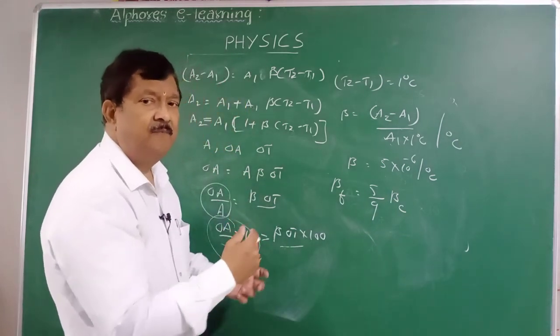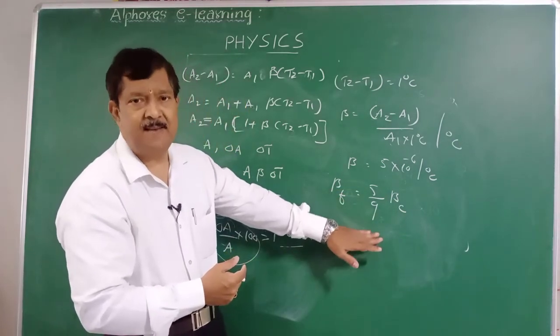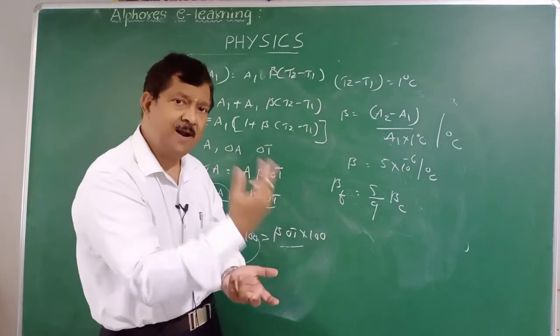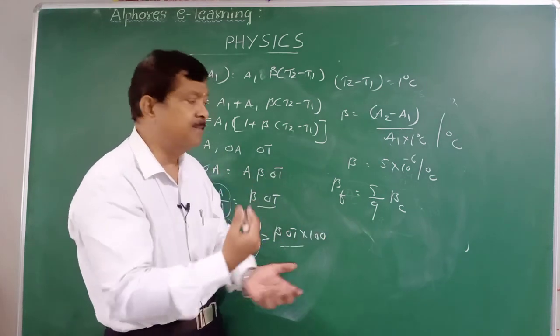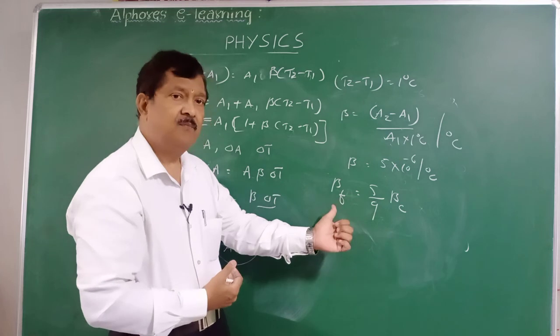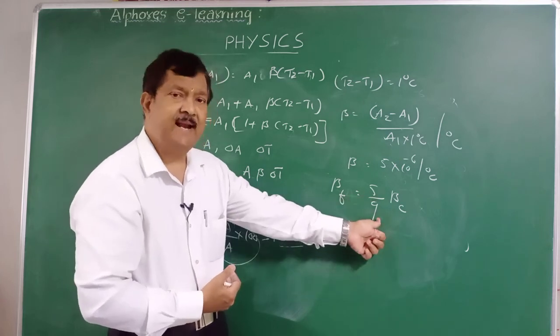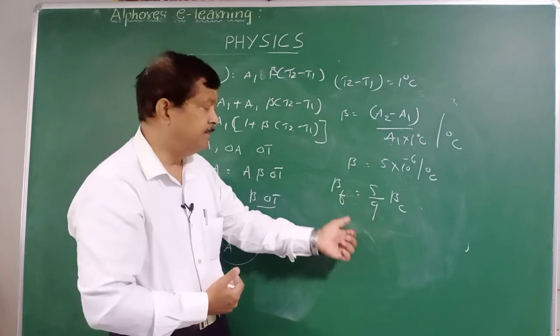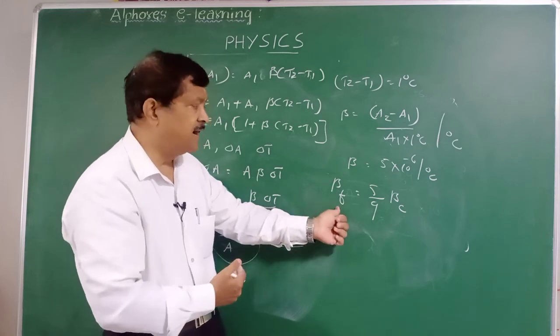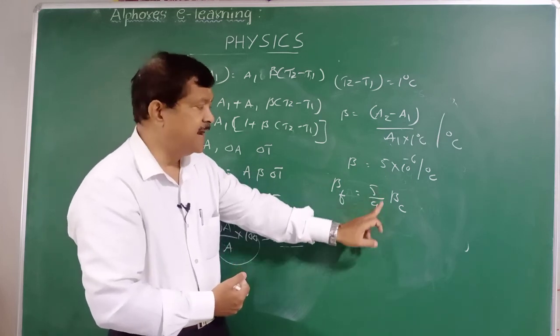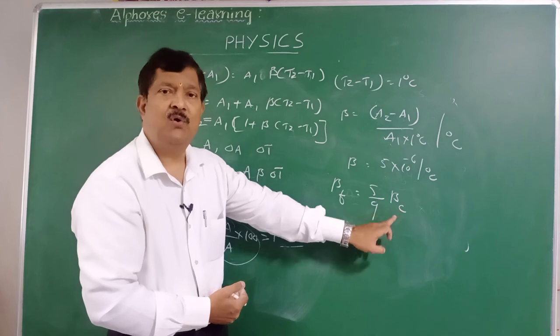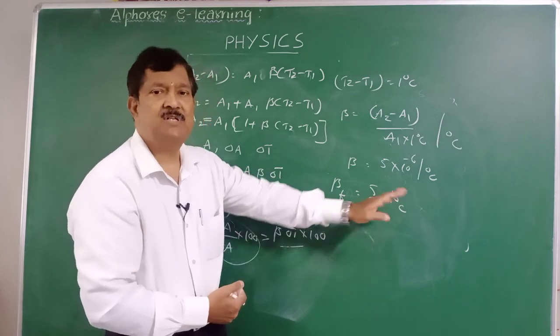The relation between the two coefficients remains the same. Whether it is alpha or beta, to convert from the centigrade scale to the Fahrenheit scale, either alpha or beta in Fahrenheit scale is 5 by 9 times the corresponding value in centigrade scale.